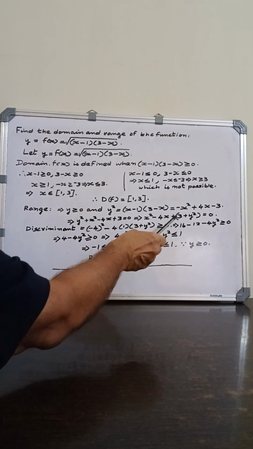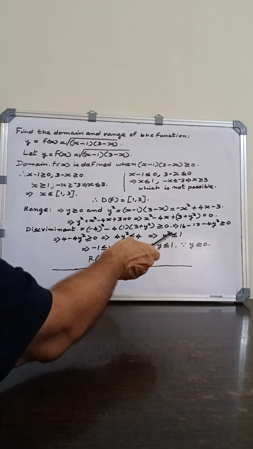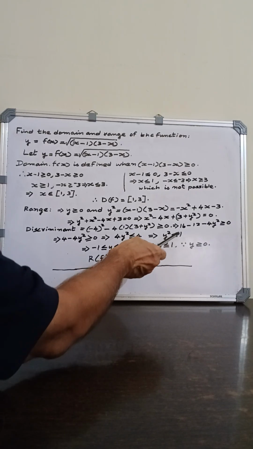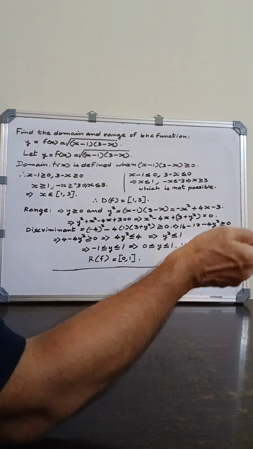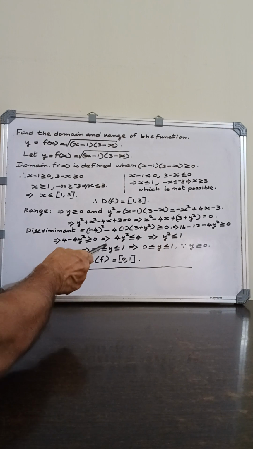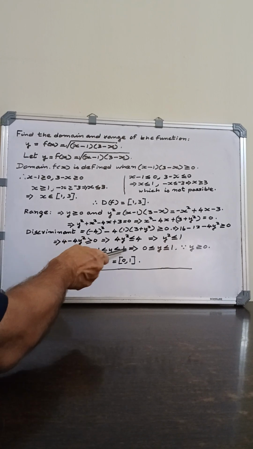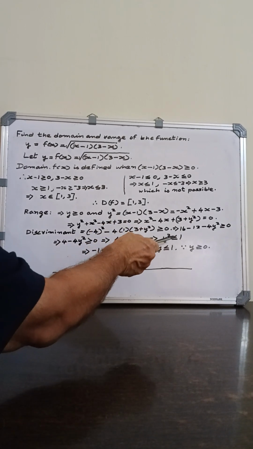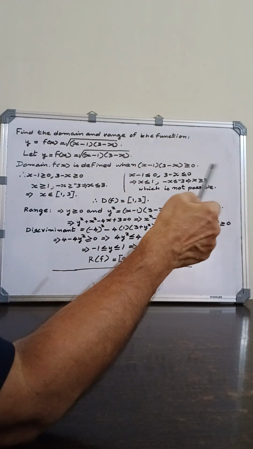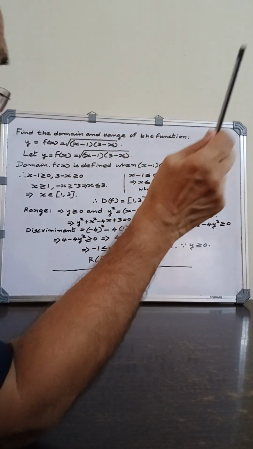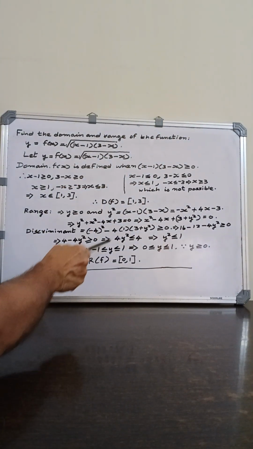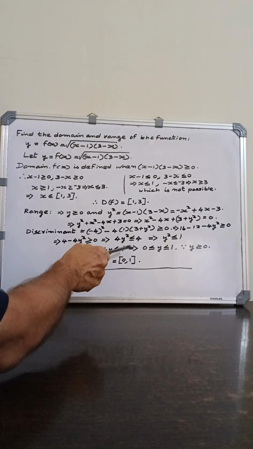That is y squared less than or equal to 1 means here there are two options, y between plus or minus 1. That is minus 1 less than or equal to y less than or equal to 1 is the expanded form of that.